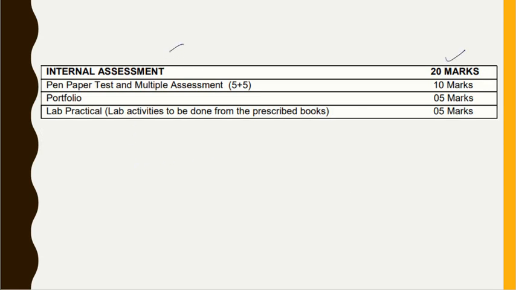This 20 marks internal assessment will be further subdivided into pen paper test and multiple assessment. Both will be 5 plus 5. You will have got pen paper test for 5 marks and multiple assessment for 5 marks, and portfolio maintenance for 5 marks, and lab practical activities to be done from the prescribed books for 5 marks.